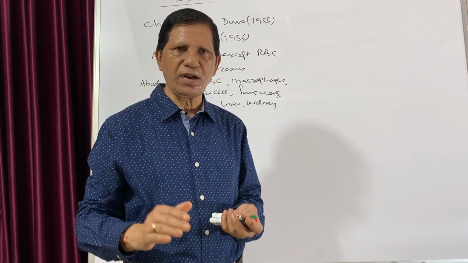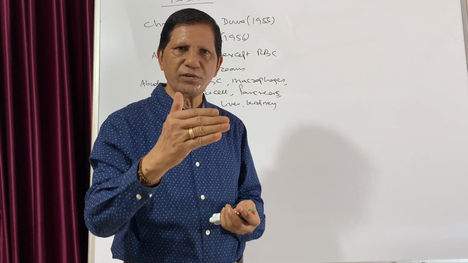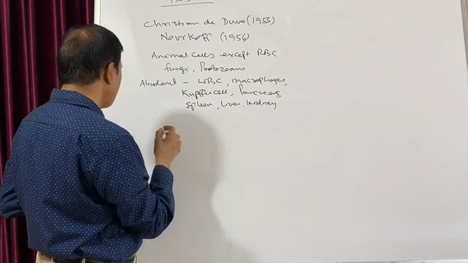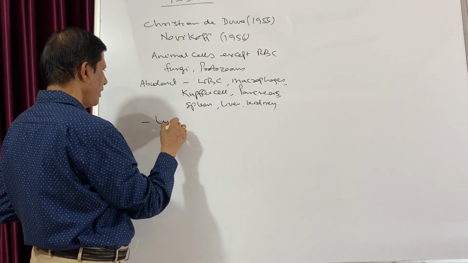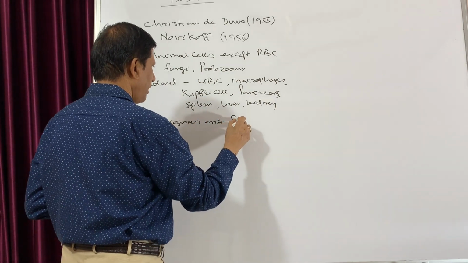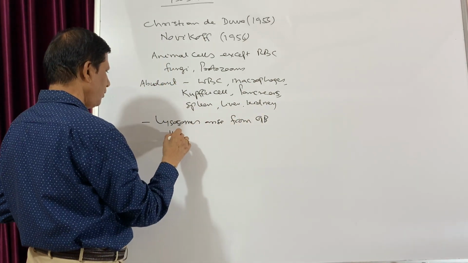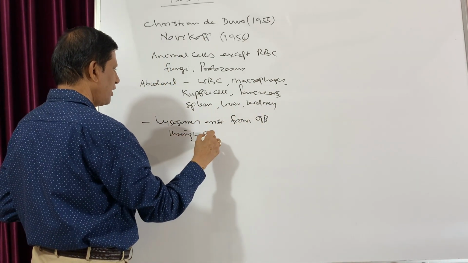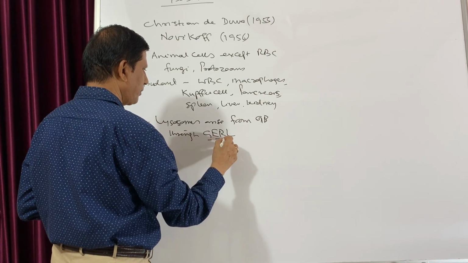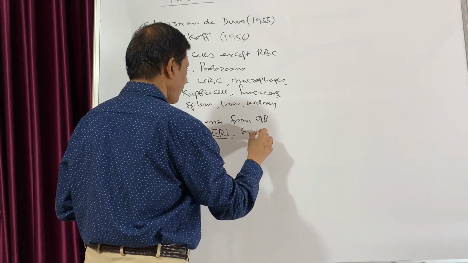That means the endoplasmic reticulum gives rise to Golgi body, and the Golgi body gives rise to lysosomes, through this GERL system.